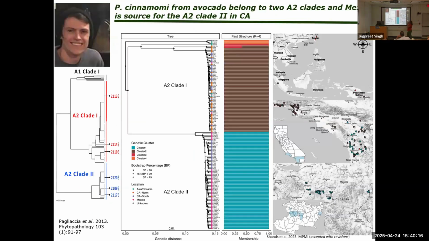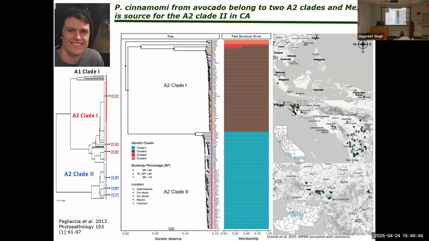So how do you do that? We tested the hypothesis that this group came from Mexico. My student, Naida, who graduated last year, worked with Silvia Fernandez from Michoacán, and they collected and gave us a lot of Mexican isolates. Just look at the color, because this is the simplest way to look at it. The Mexican isolates are fuchsia.